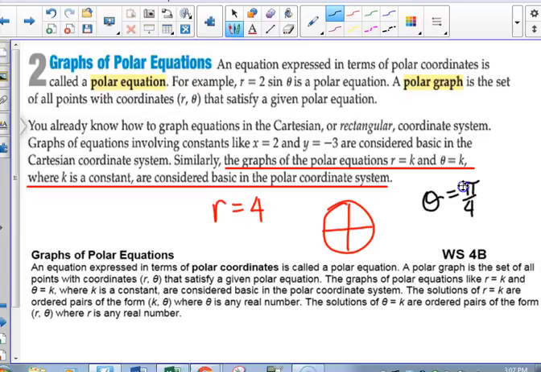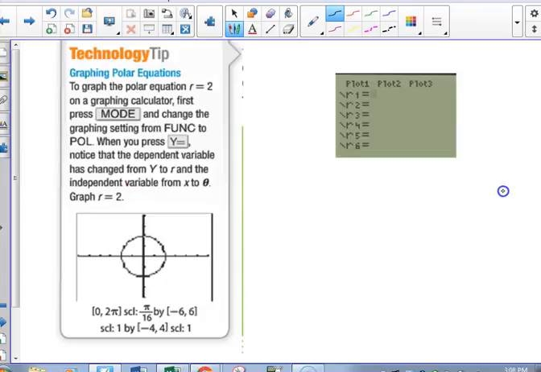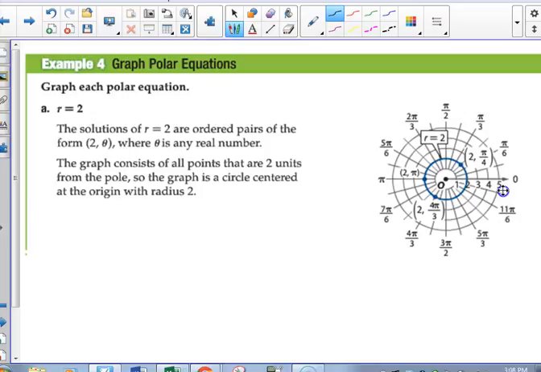Does that make sense? So this line, pi over 4, would be right here. Yes? Okay. So that's what you have to be able to recognize. I'm going to go to the calculator in a second. Can I not do that yet? I'll come back to the calculator fun. So r equals 2 is just a circle of radius 2.